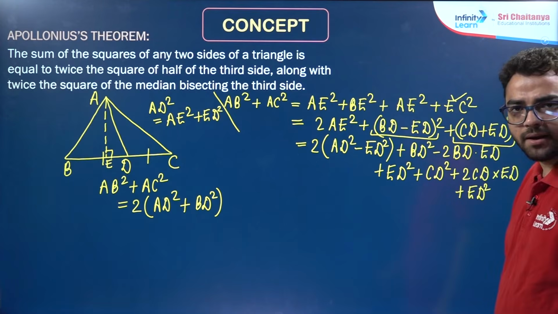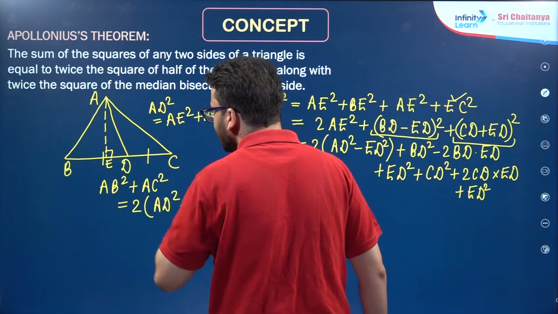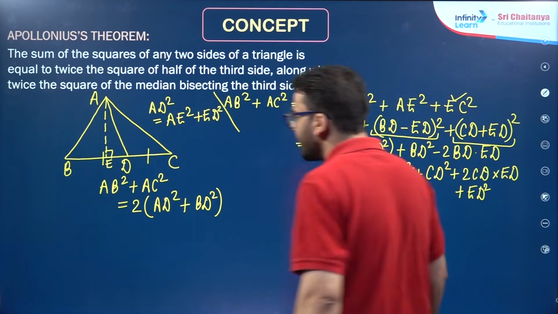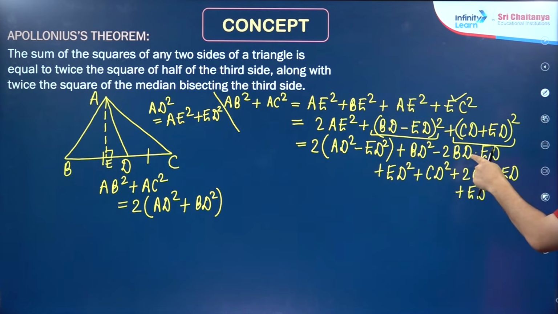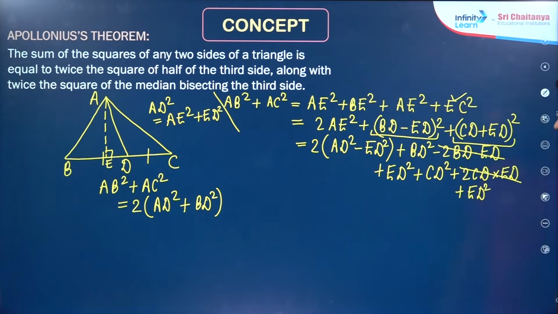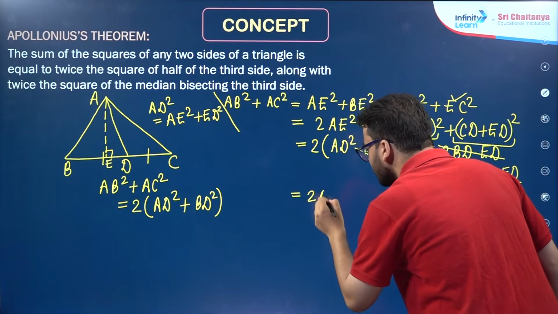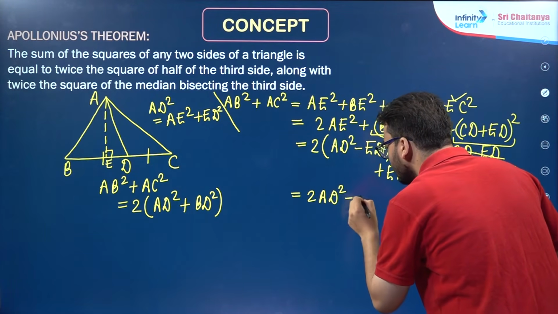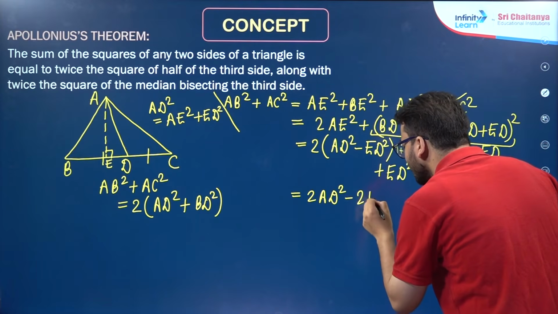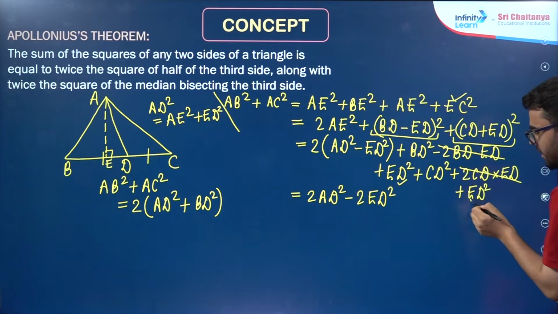Now you see over here, we already know that BD and CD, they are equal because AD is the median. So 2BD ED and 2CD ED are equal and having opposite signs. So we can cancel them out over here. In the same manner, let's open up the bracket. This is 2AD square minus 2ED square, and then plus 2ED square is also there.